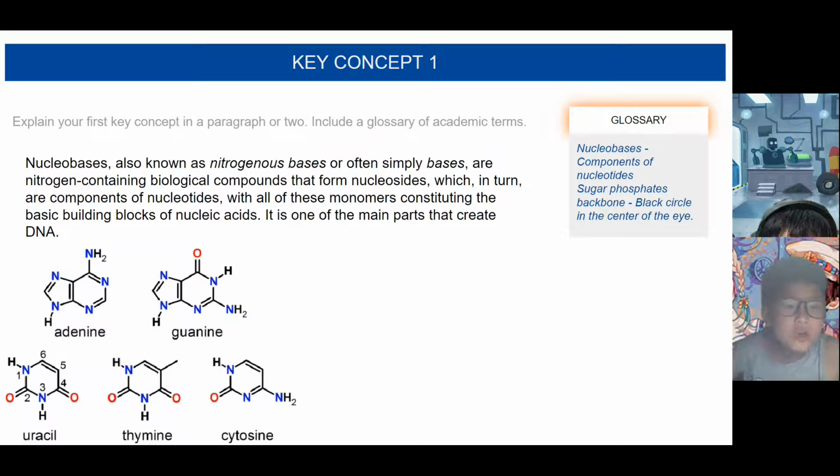Nucleobases, also known as nitrogenous bases, or often simply bases, are nitrogen-containing biological compounds that form nucleotides, which in turn are the basic building blocks of nucleic acids. It is one of the main parts that create DNA.